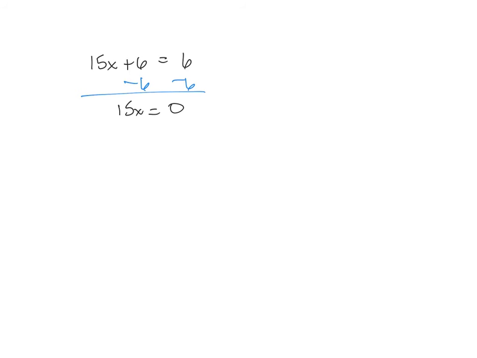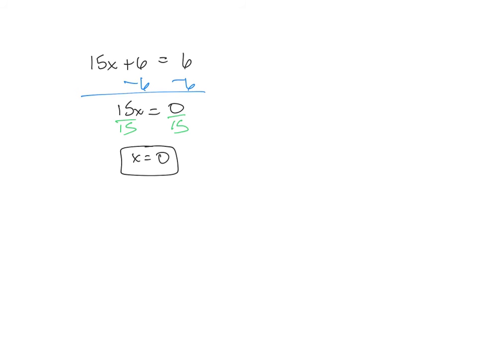And that 0 throws some people off sometimes, but keep working it out. Remember, the goal of the problem is x equals. So I got to move this 15. And 0 divided by 15 is just 0.